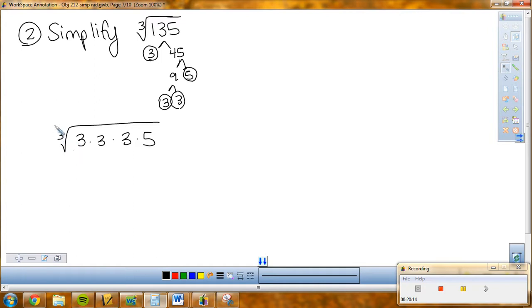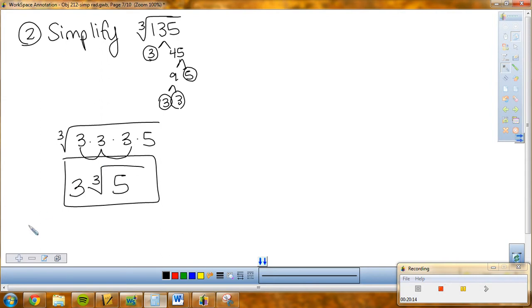And I find it's a 3, which means I need to find groups of 3. So I look at my numbers. Do I have any groups of 3? Yes, I have 1, 2, 3 threes. So for every group of 3s, I'm going to pull out one number in the front. So I have the 3. Again, I cannot forget my index, the third root of, and my 5 is left inside. And that is simplified.